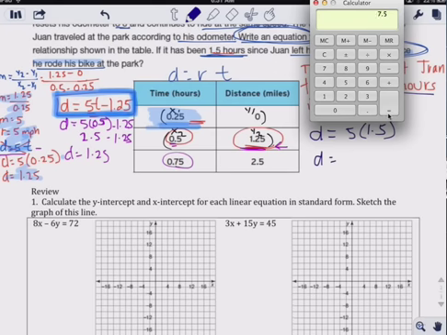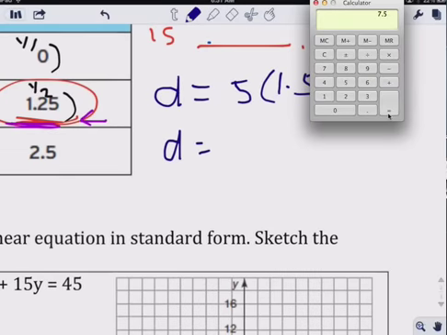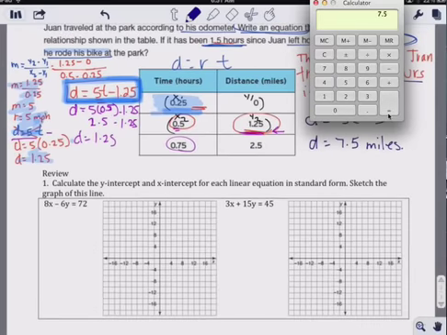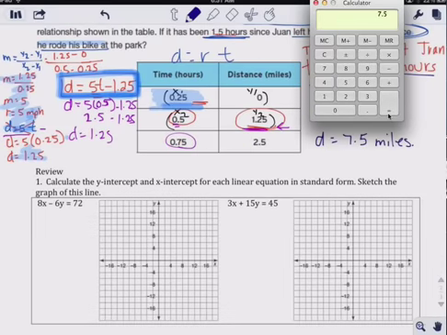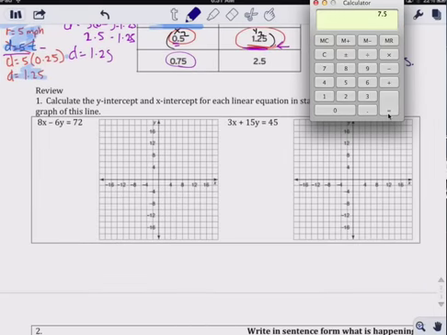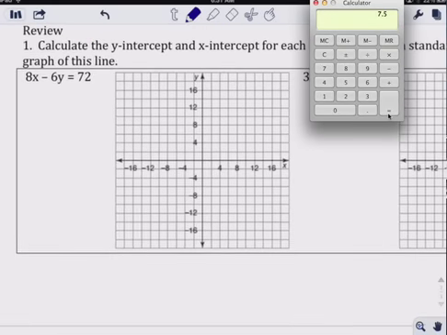Some of you put what's there. The distance is 7.5 miles. Went a long ways for 1.5 hours on his bike. Okay, took a while for those two.